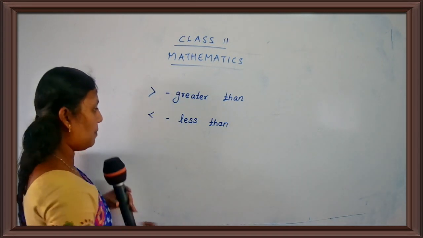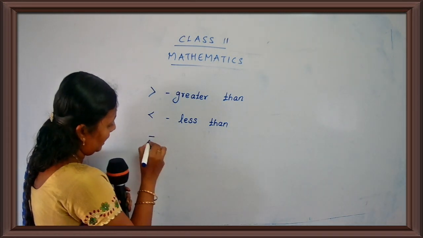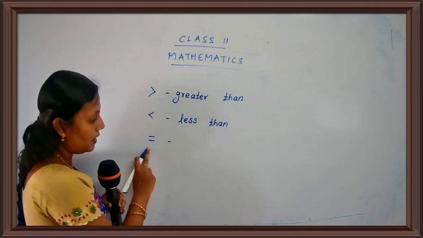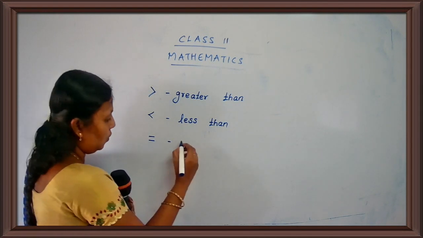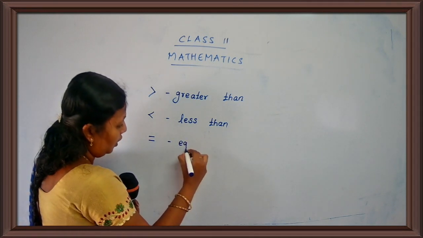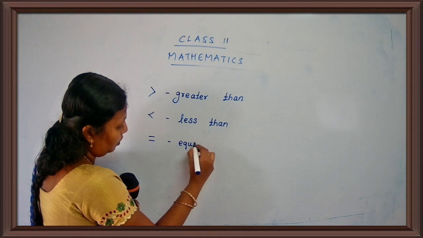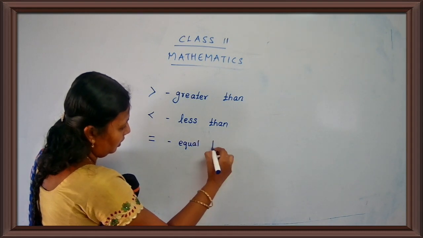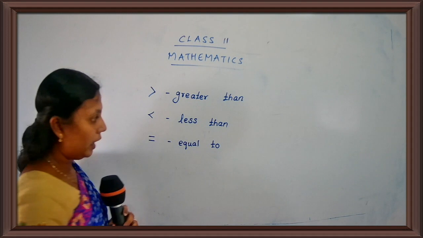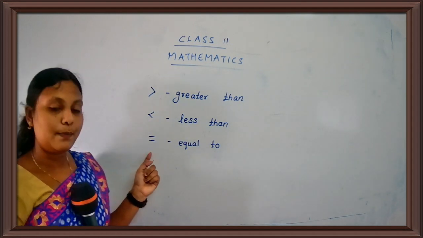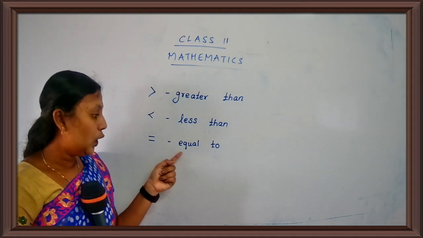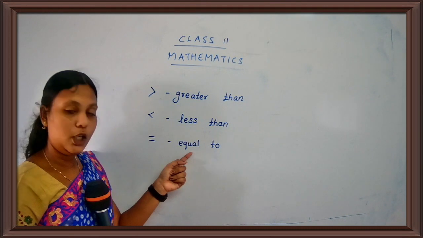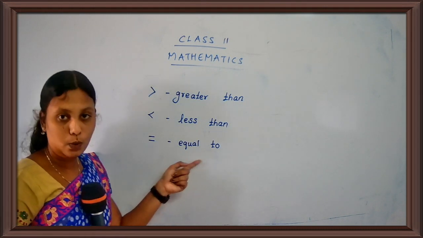Then another option is equal to. What is this symbol? Equal to. What is the spelling for equal to? E-Q-U-A-L, equal. T-O, to. Equal to.